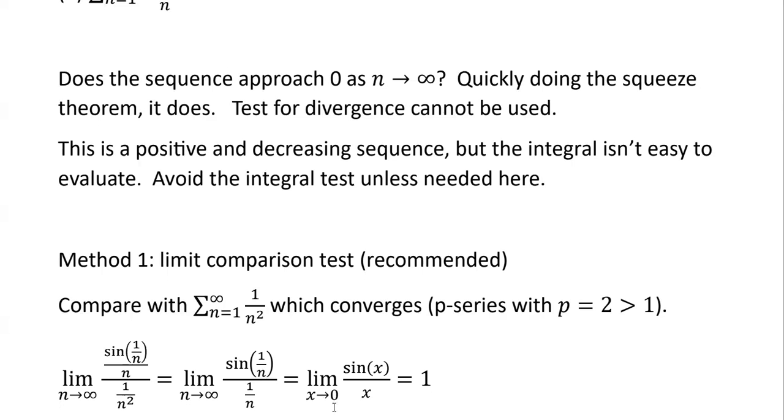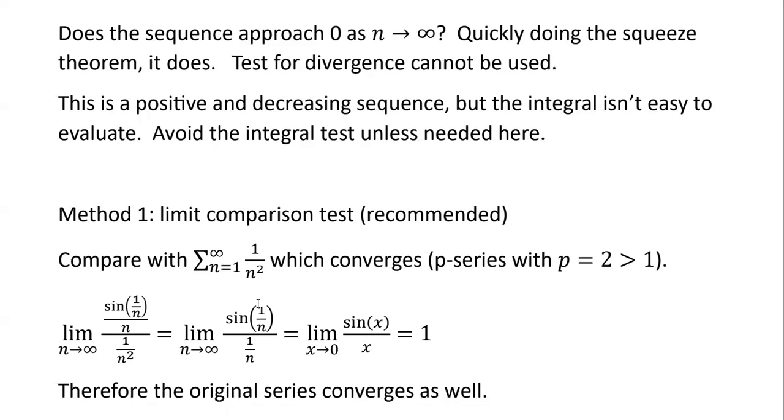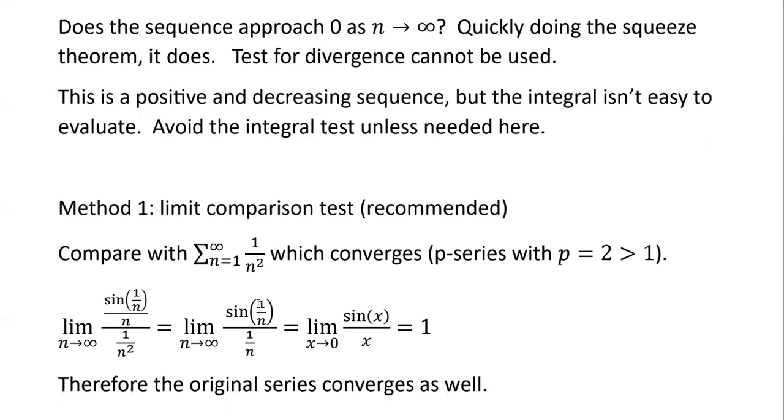So x approaches 0. So we write this limit as x approaches 0, sine of x over x, which is the special trig limit. This is 1, okay? What does the limit comparison test say? If this limit is finite and positive, which it is, since this guy we know converges, our original guy converges as well. This is one method, and is how I would recommend you go about it, okay?